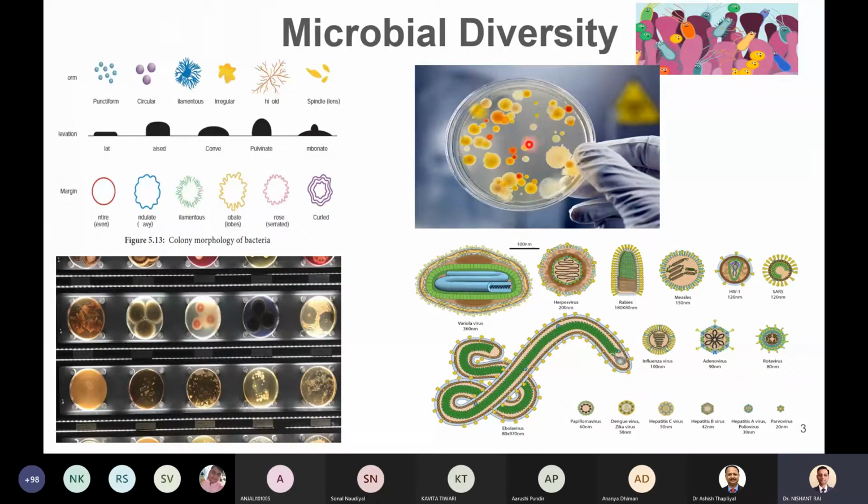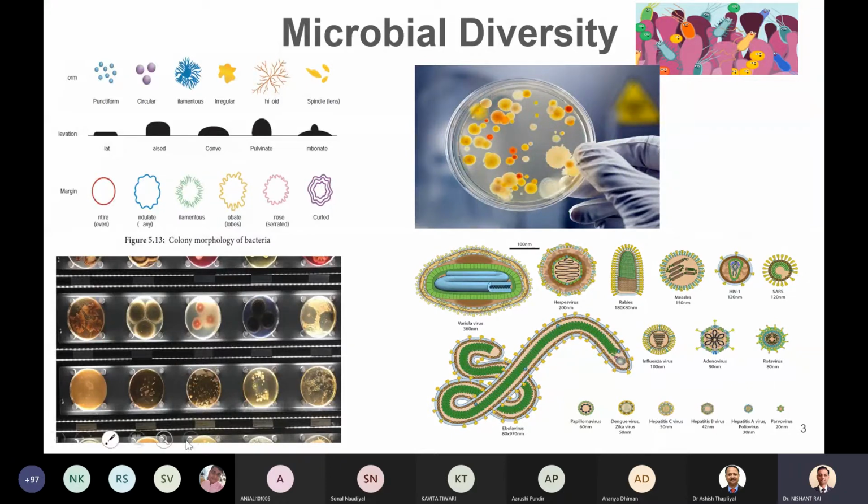On the other hand, if you see this picture, you will find bacteria grown on a plate showing growth in the form of colonies, and there are different colors observed, different margins, different shapes, different labels, different colors you will identify.